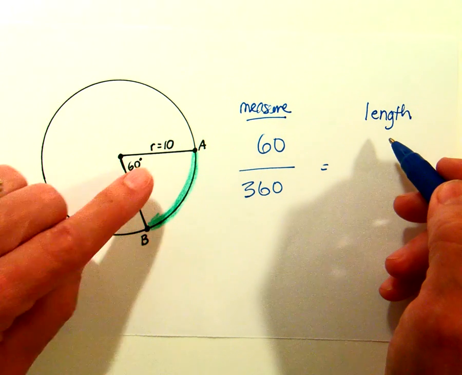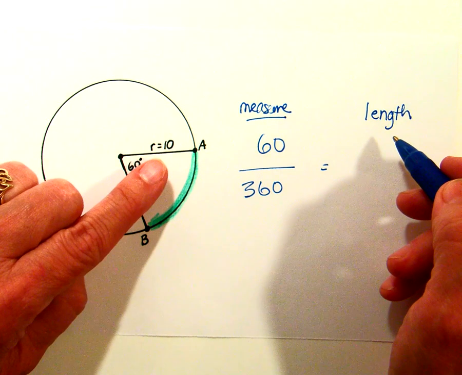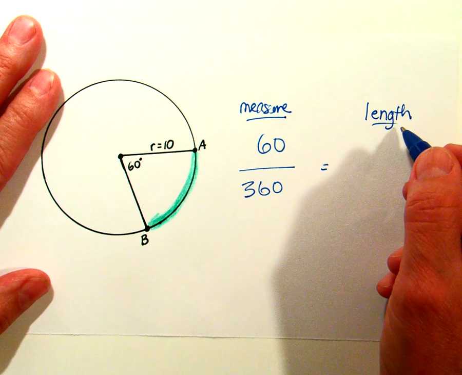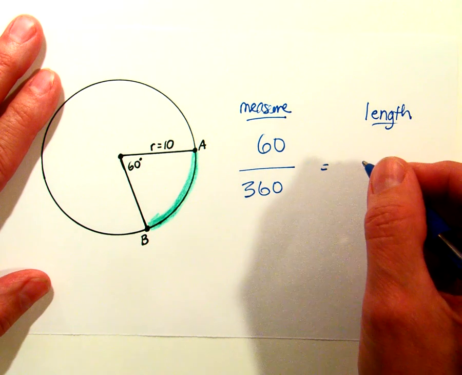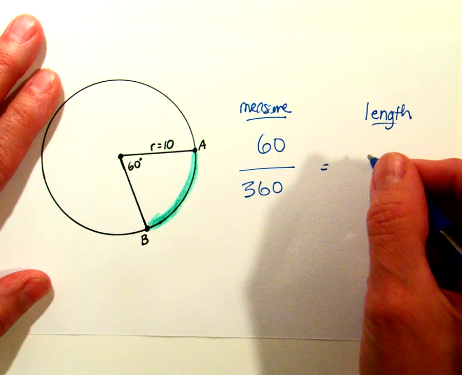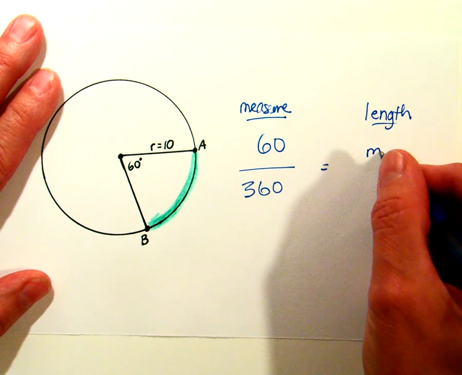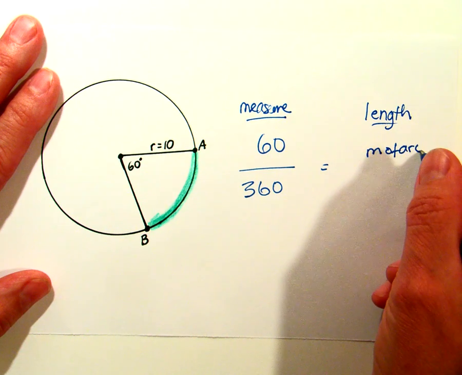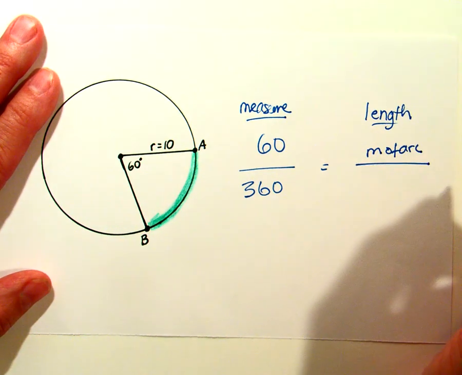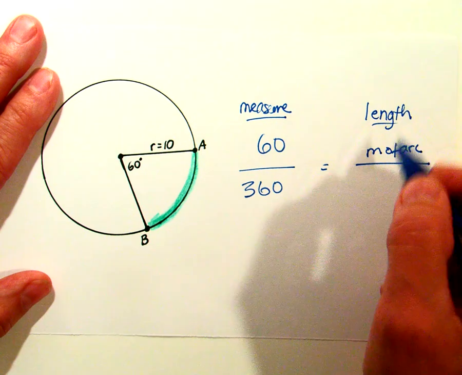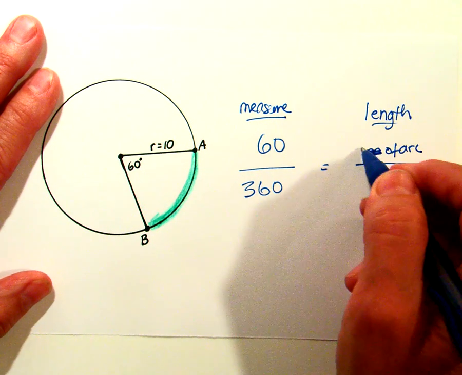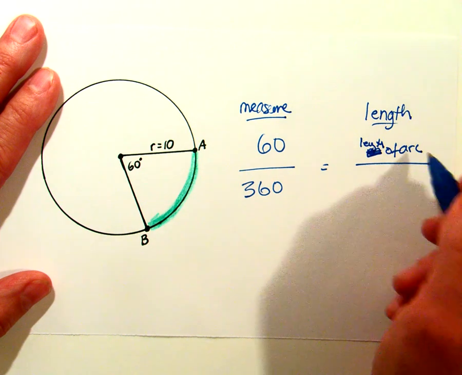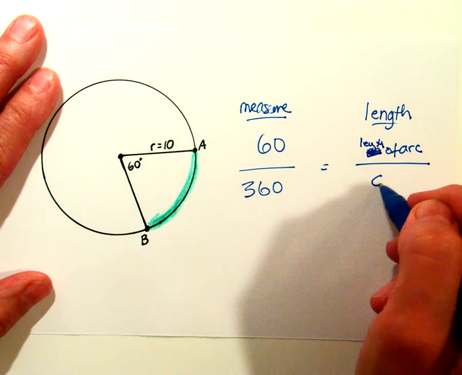So when I'm talking about the length, what am I talking about? I'm talking about the part, which is going to be the length of the arc, and then the whole thing will be the circumference.